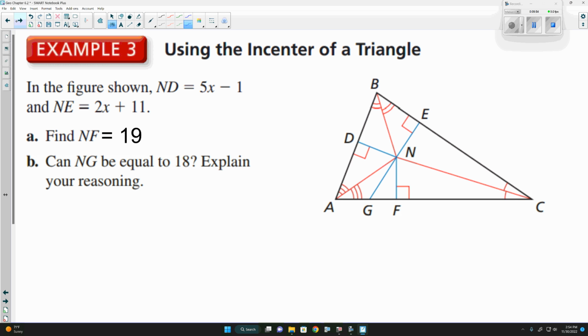So we found NF is 19. Can NG be equal to 18? So we said NF is 19. This is 19. This is 19. And their question is, can NG, this length here, be 18? A right angle there.